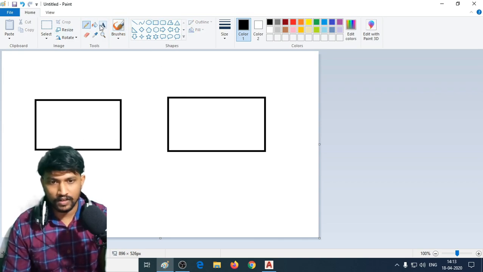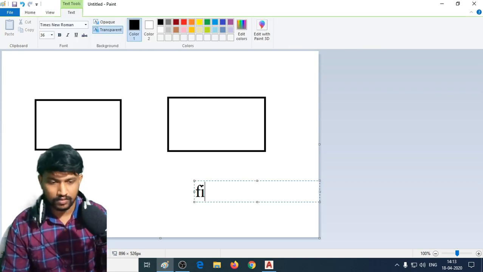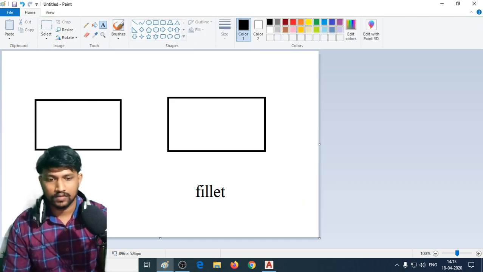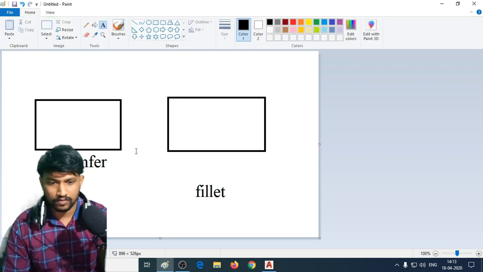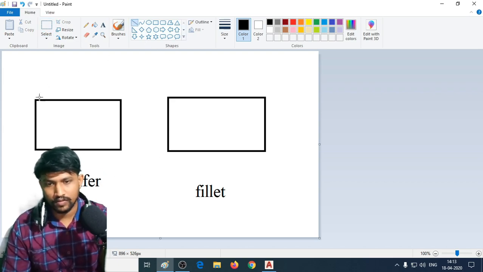If it is a fillet, okay, so if it is a fillet, it is going to apply a certain radius here. Let me take a circle as an example.